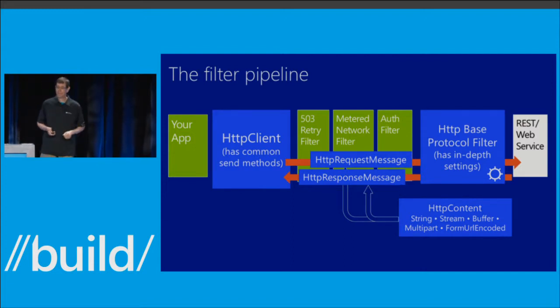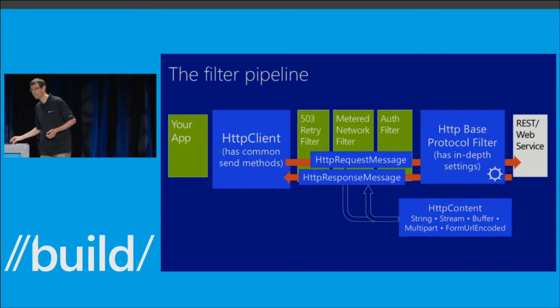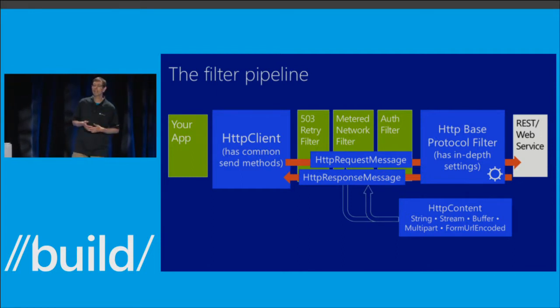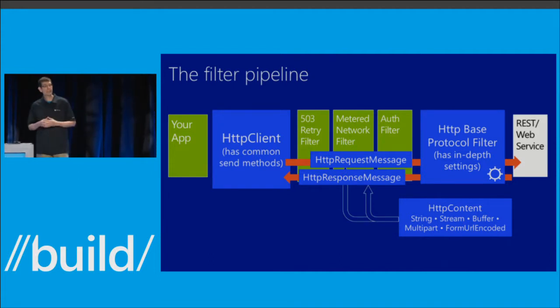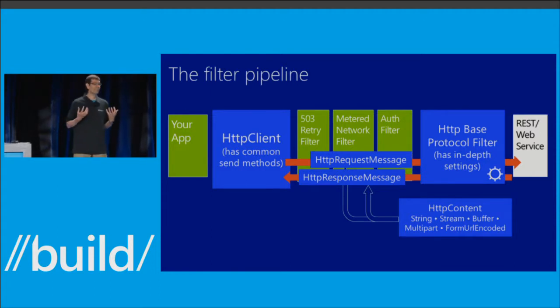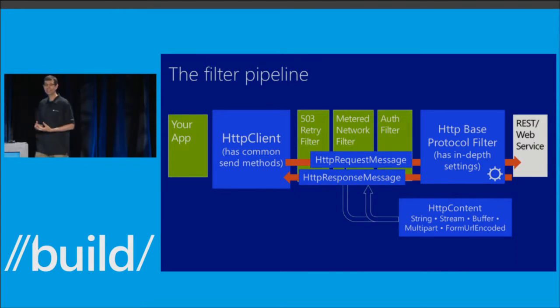Let's talk about some of these filters a little bit. Let's talk about the 503 retry. What is 503 retry? Some of you here have probably done 503 retry handling. Some of you haven't. 503 is a status code sent back by the server when it's willing to give you data, when it wants to give you data, but not right now. It's overloaded.